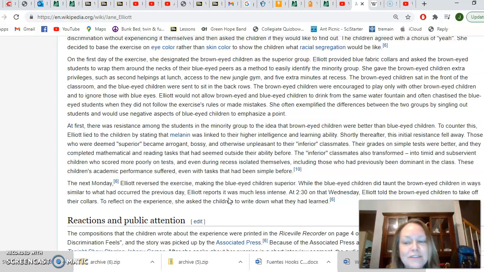More melanin does not equate to superior intelligence or inferior intelligence. This was just trying to recreate the social system in America that was telling people the very same thing for decades, for centuries, that people with certain melanin, that is the pigmentation that makes your skin lighter or darker, your hair lighter or darker, your eye color lighter or darker, that would actually differentiate people on advantage and privilege level and in legal systems, and even people thinking that the ones with less melanin were superior in intelligence and the ones with more inferior.